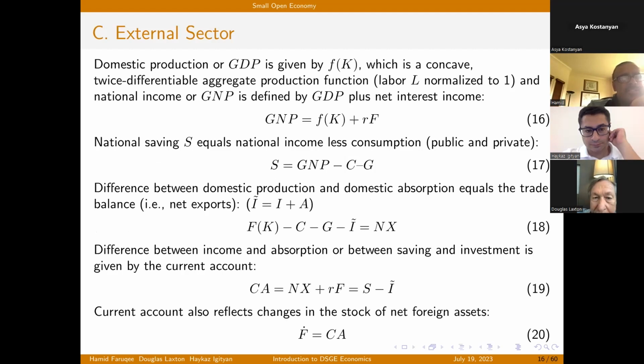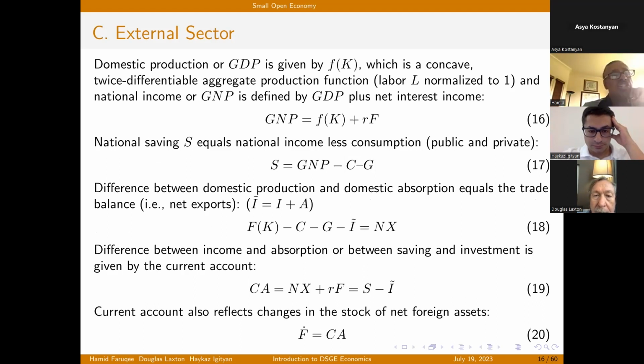And then in the small open economy case, we have the standard set of equations that describe the external sector. You have GDP, which is a function of capital and labor. Labor is normalized to 1, given the assumptions about the size of the population that I mentioned before.